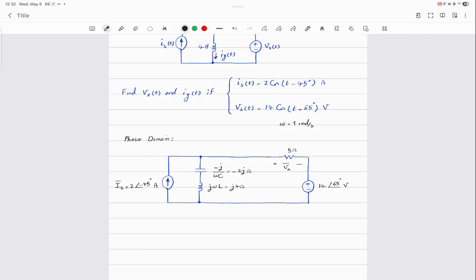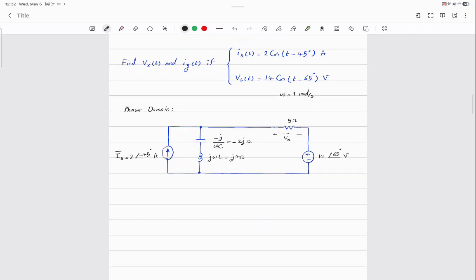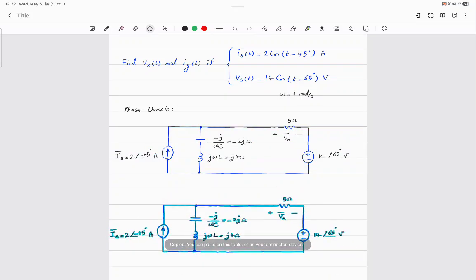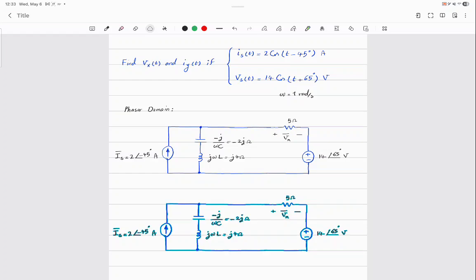What do you get? So let me put it here. I'm going to remove whatever is here and then put a block here, and the value is j2 ohms.